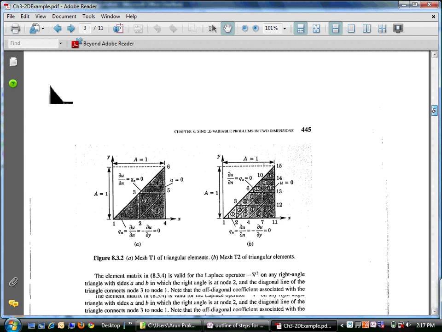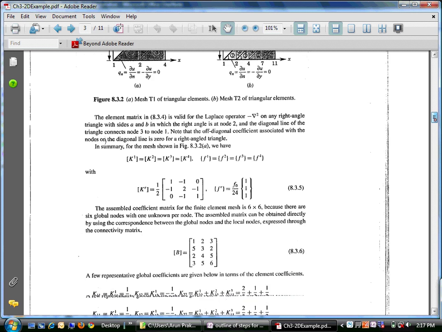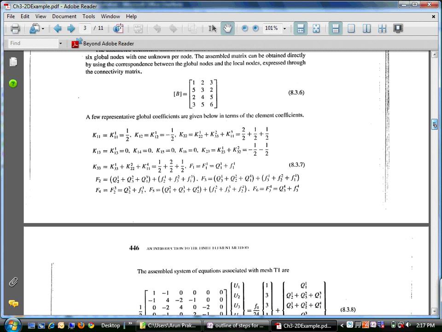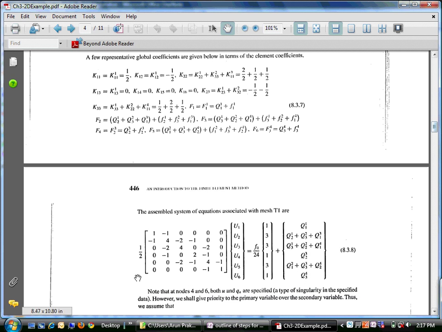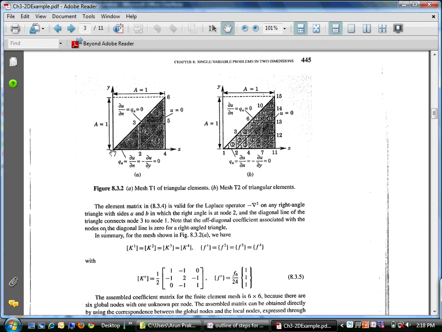There is another mesh which is a finer mesh, but let's just talk about this one first. There is some algebra that you can take a look at by yourself. After that, all that you need to do is to assemble the global stiffness matrix. You can see that there are 6 degrees of freedom in this case, 1, 2, 3, 4, 5, 6. These are the 6 degrees of freedom at the 6 nodes of the mesh.